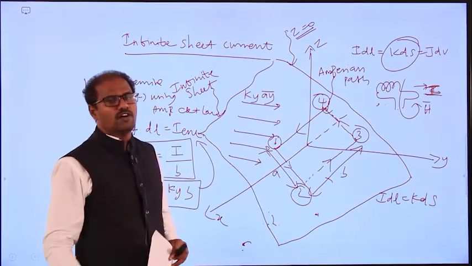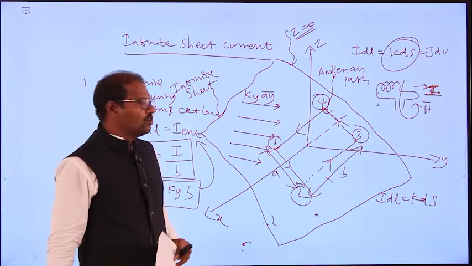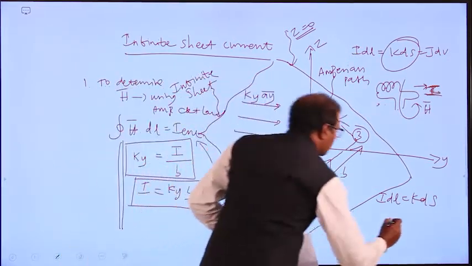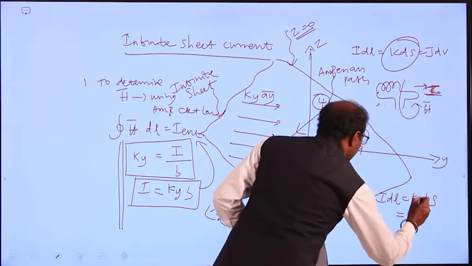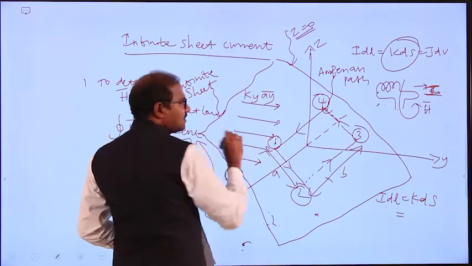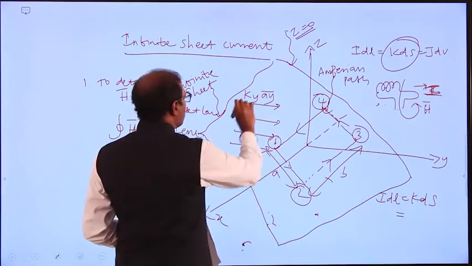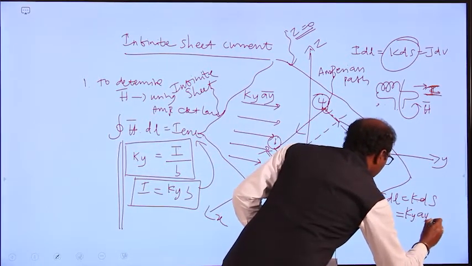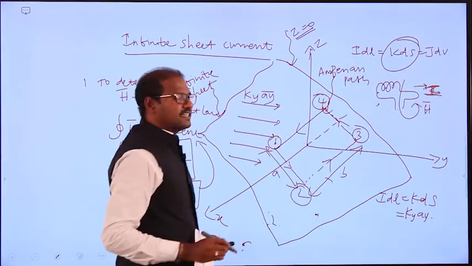We are not going for any volume, only for surface. So what is K? K here is the surface current density, Ky ay, dotted with dS.